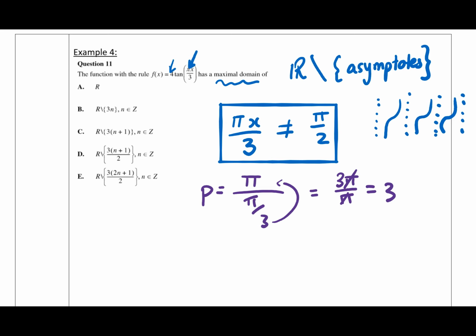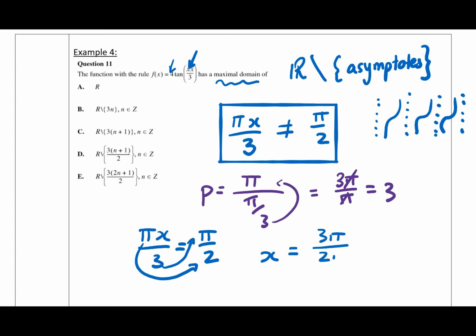So my period here is going to be 3. If we solve this function, pi x on 3 equals pi on 2, so multiply by 3, divide by pi, and x is 3 pi on 2 pi, it's 1.5, 3 over 2.